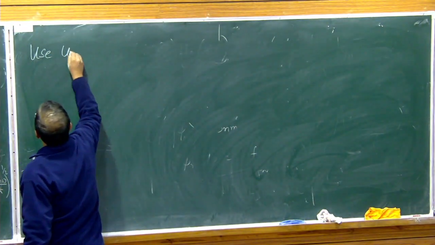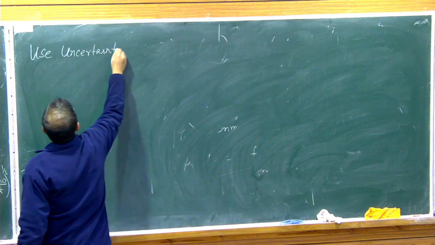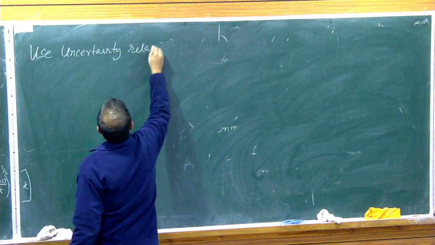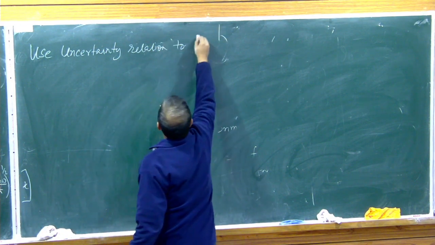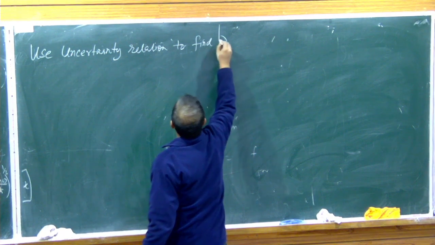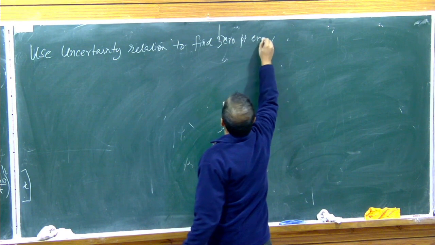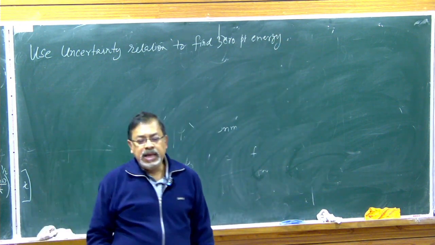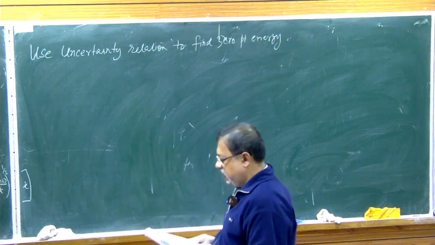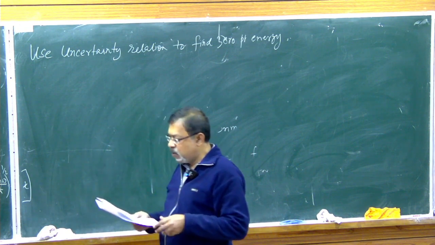It says: use the uncertainty relation to find the 0 point energy in this quantum harmonic oscillator. Okay. So, if you use the uncertainty relation, the question is how can you find this?